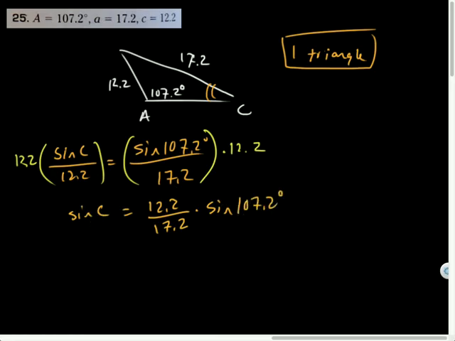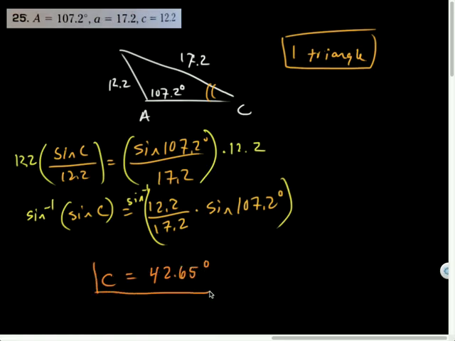So how do I solve for C here? What would I do to get C by itself? Sine inverse, both sides in their entirety. So I'm going to get C is equal to second sine inverse of 12.2 divided by 17.2 multiplied by sine of 107.2, double close parentheses. Based off of what I get there, I find angle C is equal to 42.65 degrees.